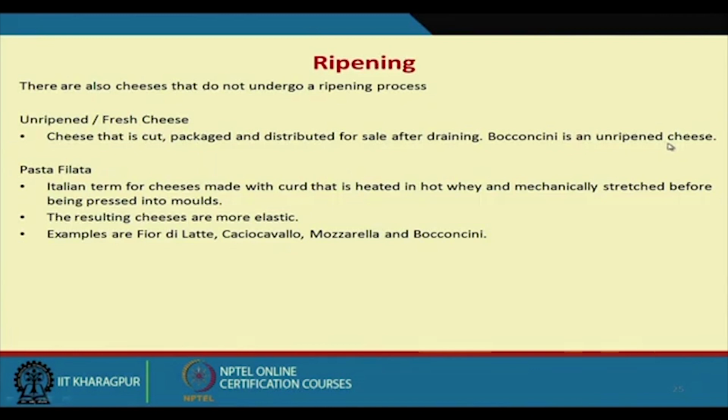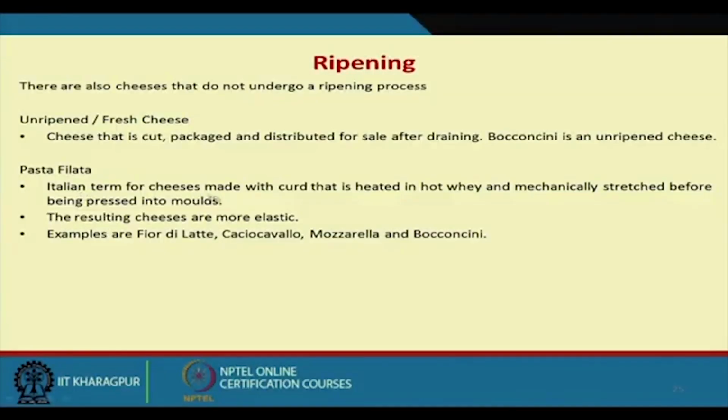I already discussed at the beginning of my lecture what fresh cheese means. In the case of fresh cheese, I mentioned that high acid formation takes place, and due to that, the storability increases and it can go directly to the market. This is unripe. It doesn't go through the ripening process.